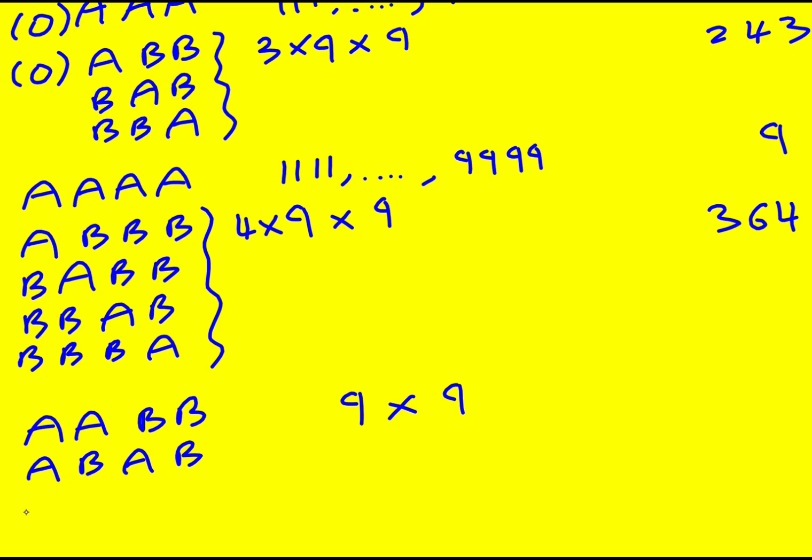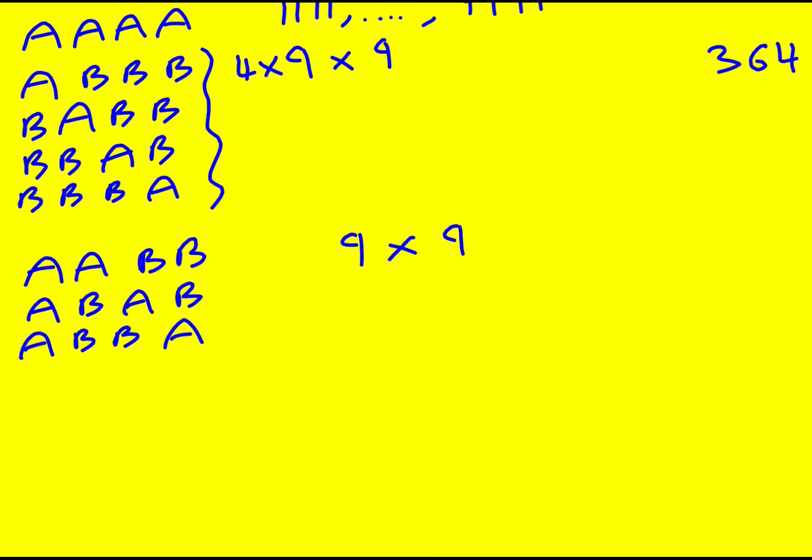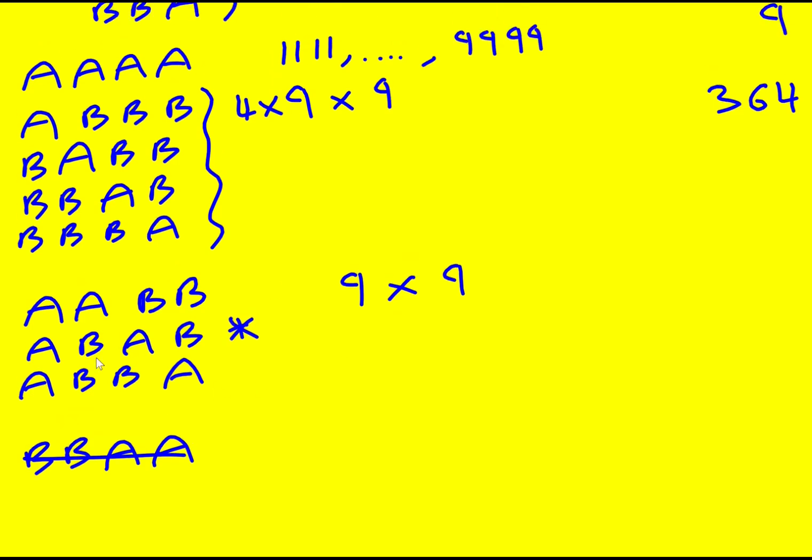Or I could have A, B, B, A. And here's where it's really important to realize we're not actually allowed to have B, B, A, A, because then I would be double counting these ones. So I think this is one to easily make a mistake on. Those are all the different ways of permuting to get my numbers where I've got 2 repeated digits. So I'm going to overall get two lots of 9 times 9, which is 162.